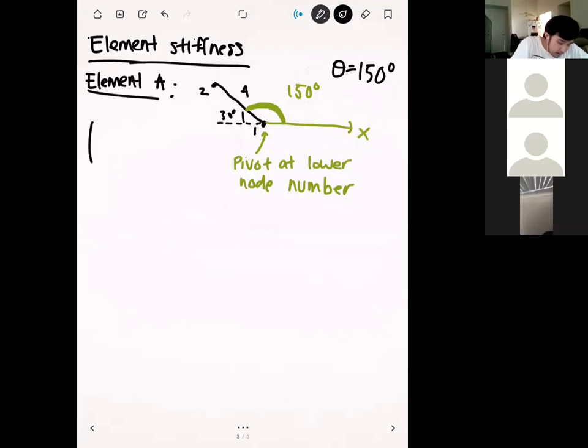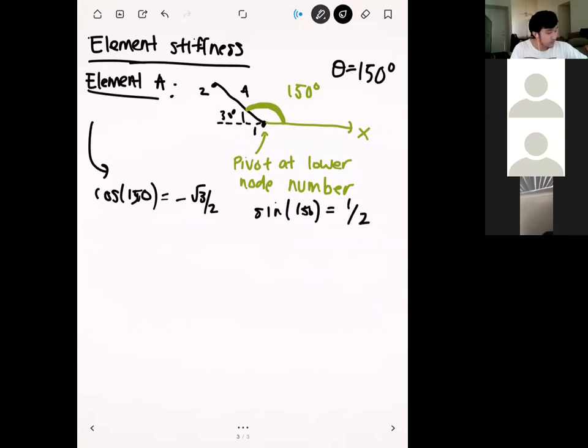So let's go ahead and do that. Right? So we have cosine of 150. Okay. And so this is going to be minus root 3 over 2. Okay. And then we have sine of 150. It's going to be a positive 1/2. Okay. Right.